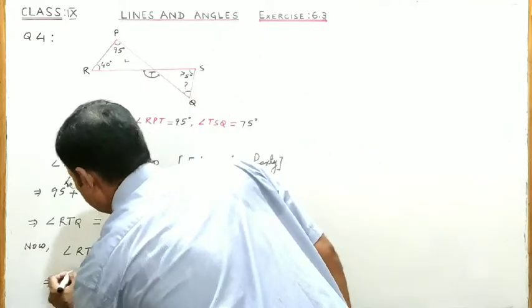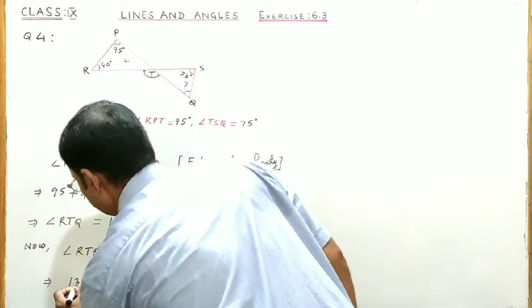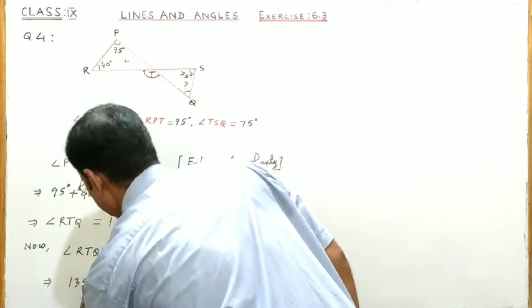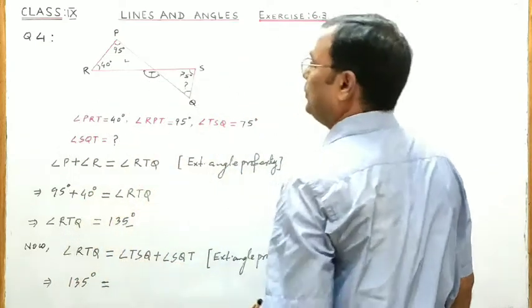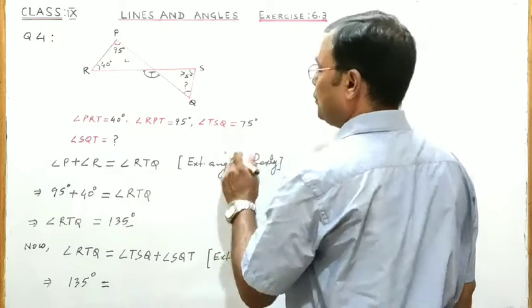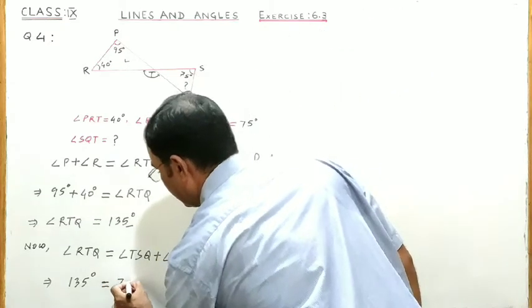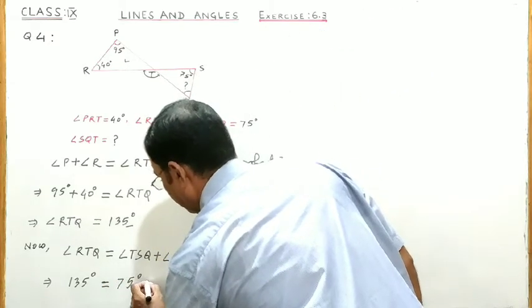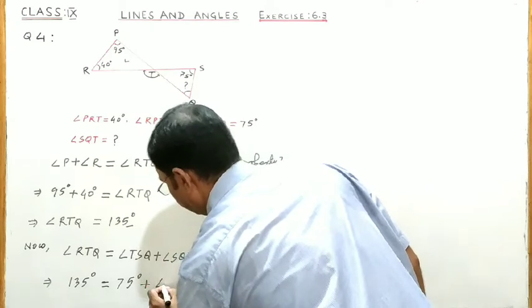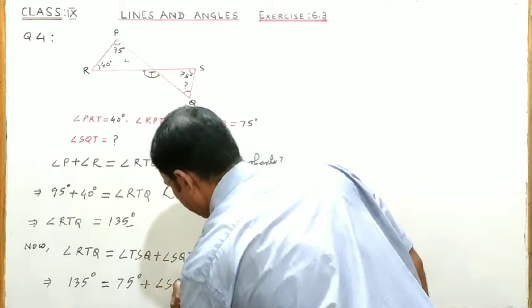And this implies angle RTQ 135 degrees is equal to angle TSQ 75 degrees plus angle SQT.